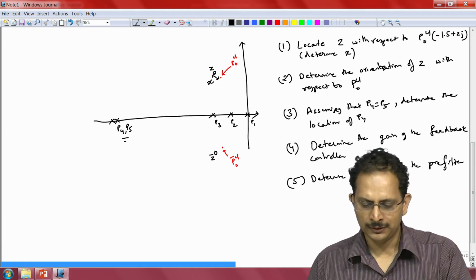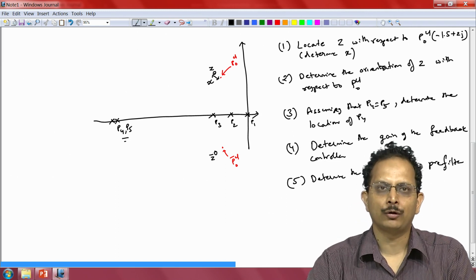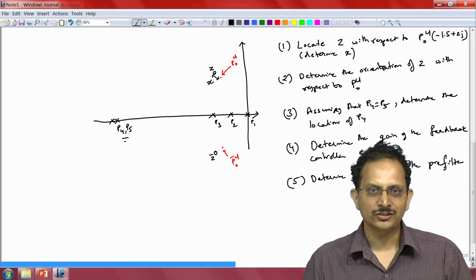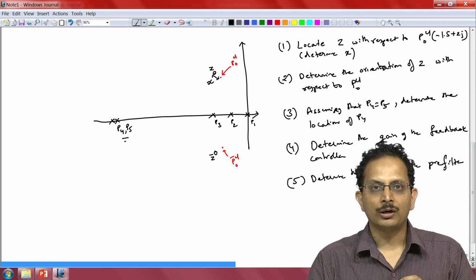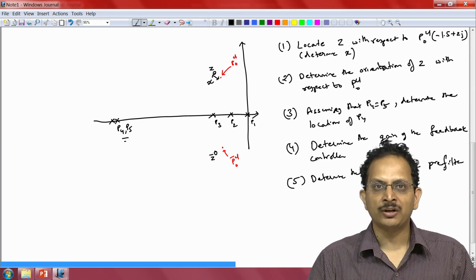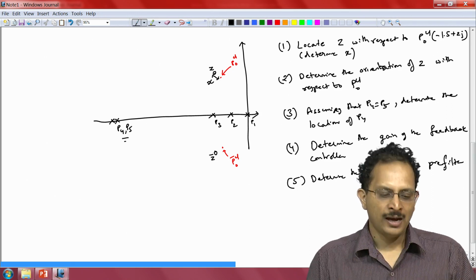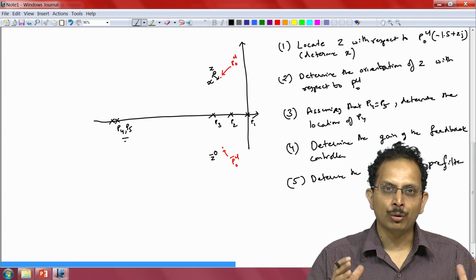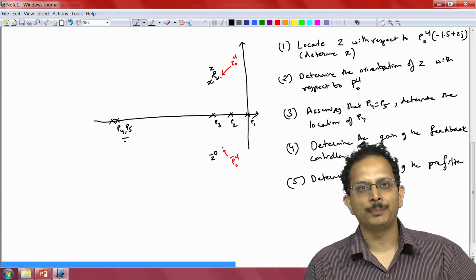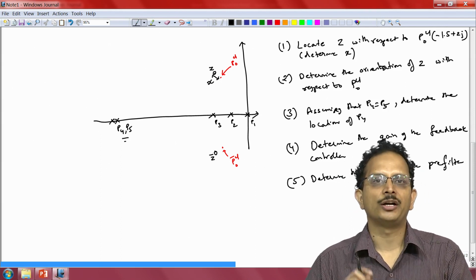Coming to the third part, in the previous example when we assumed that P4 and P5 are coincident poles, we then drew a big picture root locus where we noticed that we could lump the 3 poles of the plant and the 2 zeros of the controller that were near the origin as one equivalent single pole, and therefore we had a simplified root locus in this big picture where we had 2 controller poles far away at the point P4 and P5 which we assumed to be coincident, and a single pole near the origin.